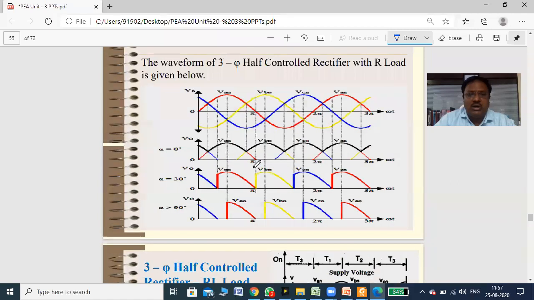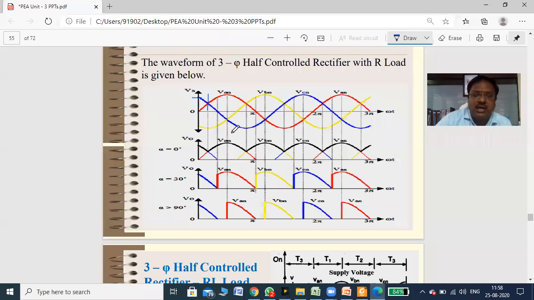I'll explain the waveform again. In this waveform, up to alpha equal to 30 degrees, or pi by 6, phase C is more positive. At that time phase A is 0 and phase B is negative.